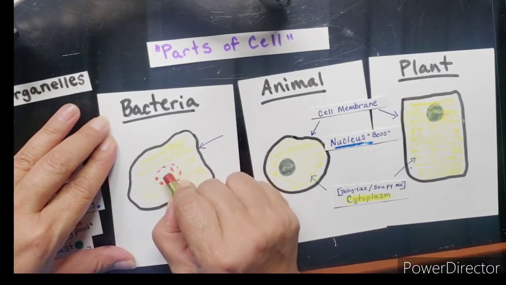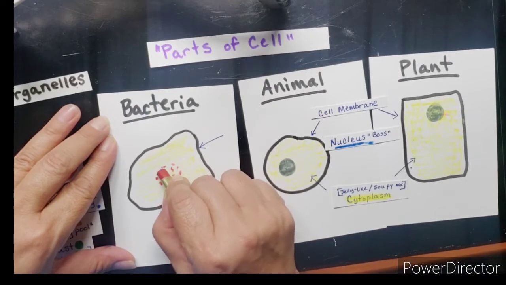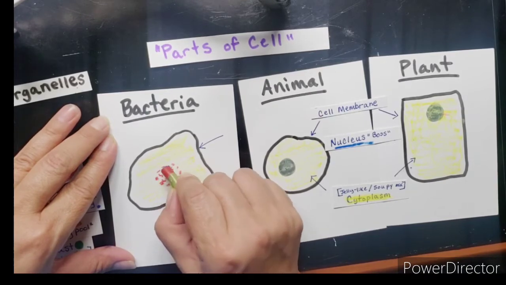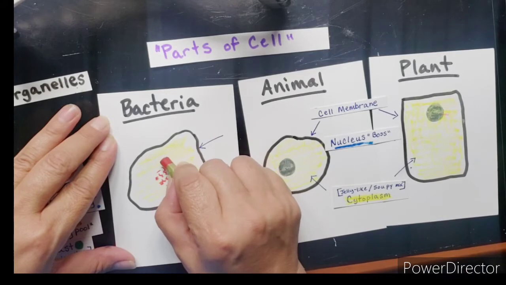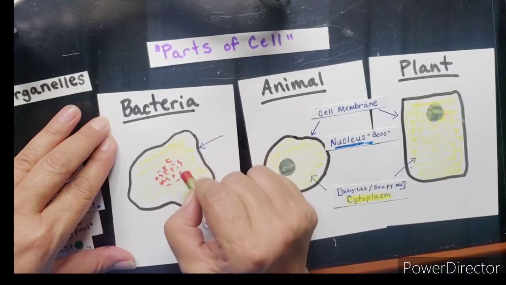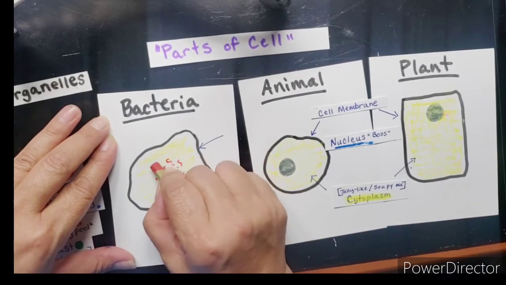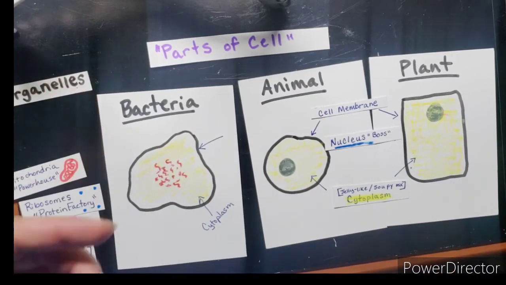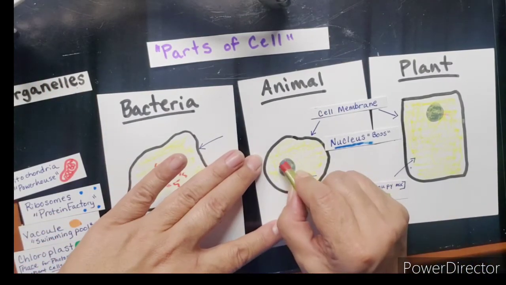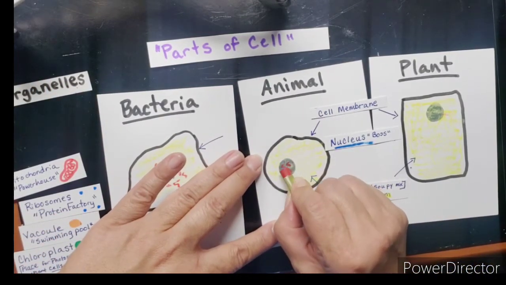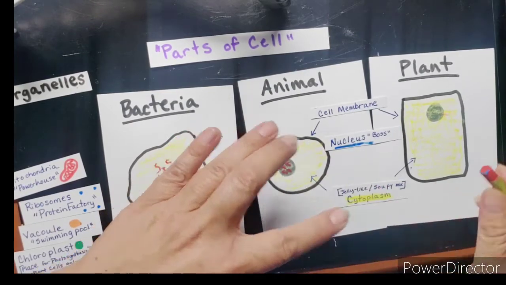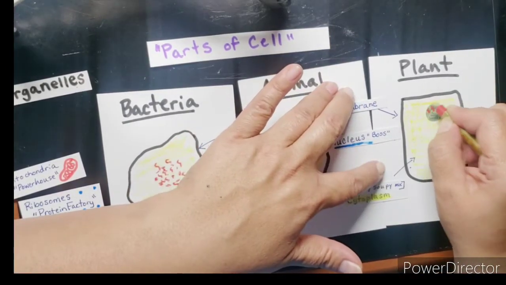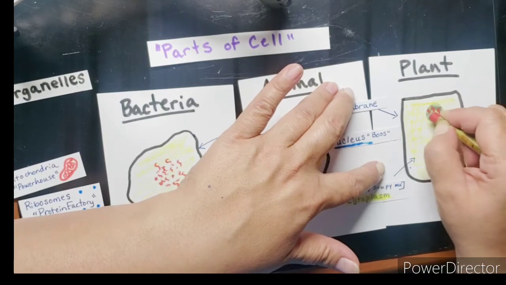But the bacteria has genetic material inside the center floating around, and that is how bacteria reproduce, because of that genetic material. Animal cells and plant cells also have that genetic material, but it is inside the nucleus, and it is what we call DNA.